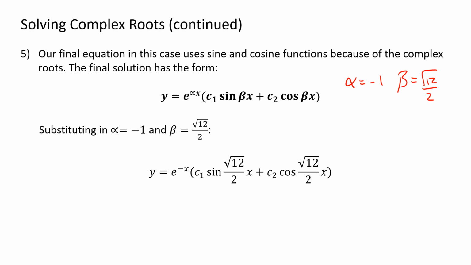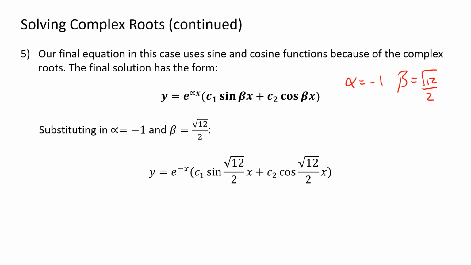And this is our basic form. y is equal to e to the exponent alpha times x, multiplied by a constant c1 times the sine of beta times x, plus our second constant c2 times the cosine of beta x. Each of these formulas for all three instances will be provided to you for your test.